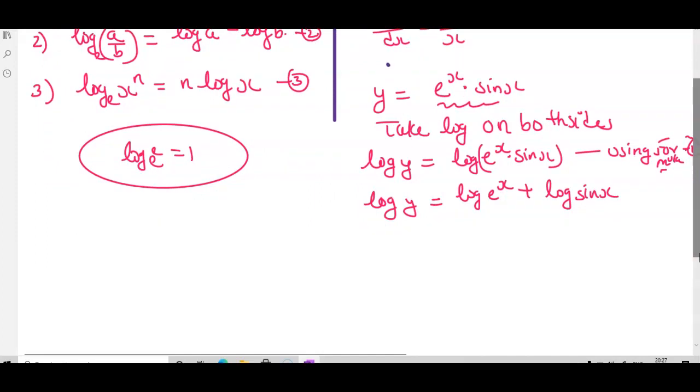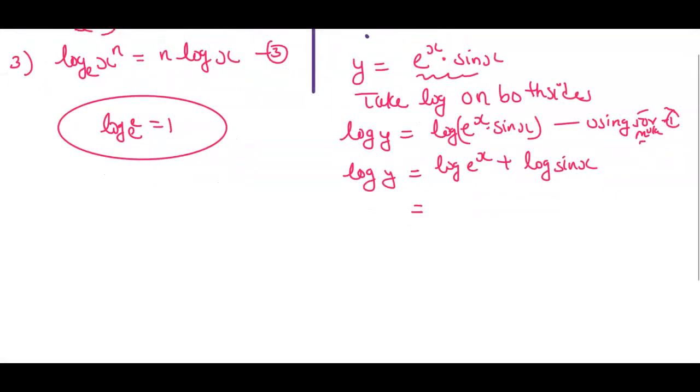Now let's again use some of the formulas. First we simplify them, then we will proceed further. This is going to be x log e, using this formula, plus log sine x. So far I have not differentiated.